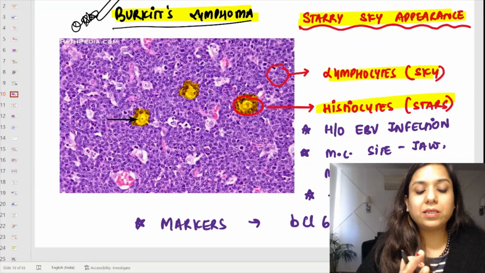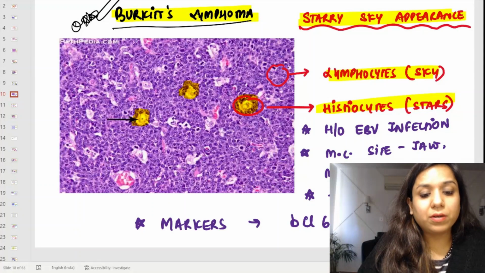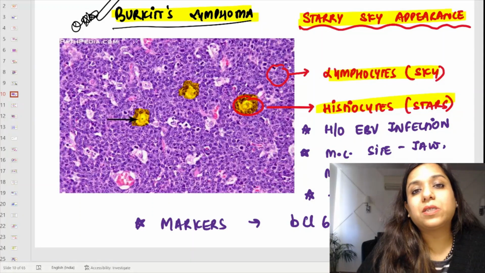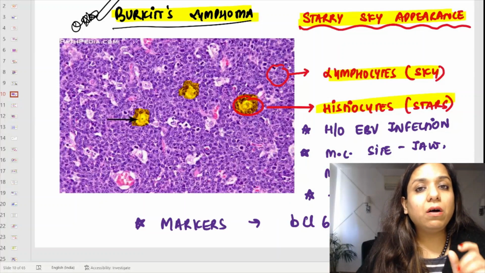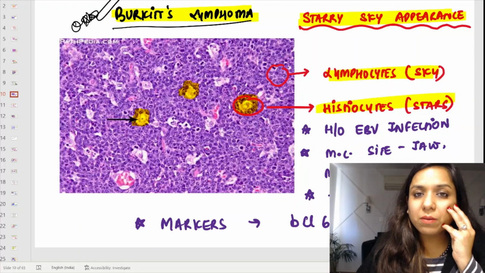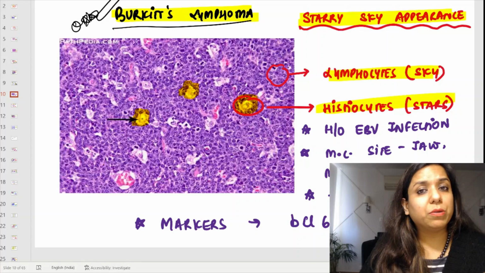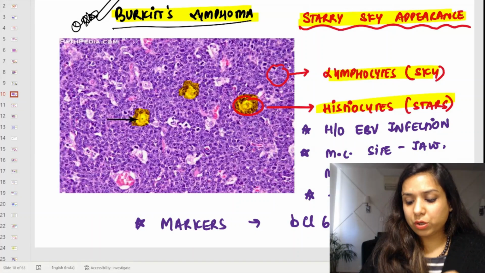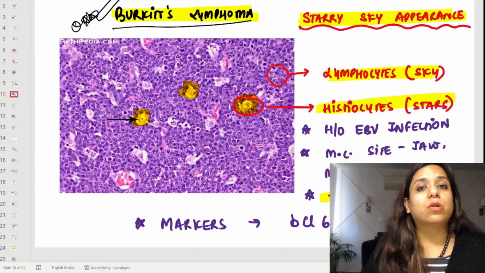Let us quickly revise. Usually seen in children, African children, and usually Epstein-Barr virus associated. The common sites which will be a hint for you in the exams are jaw or a mandibular swelling or some lesion in the GIT like the ileocecum or the peritoneum. Correct, two important clues. Then the other thing which they commonly ask is the translocation.